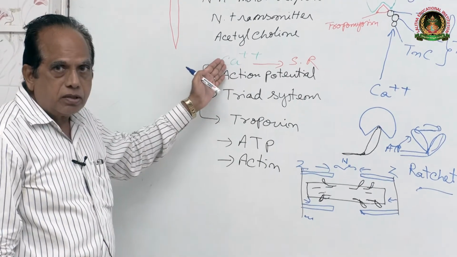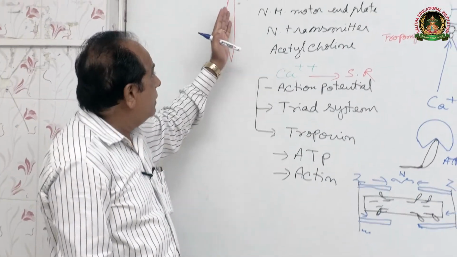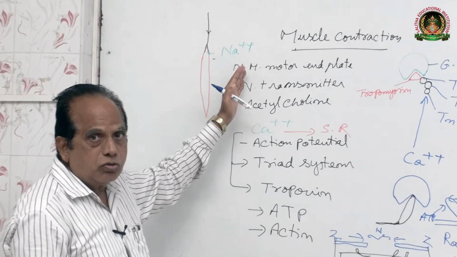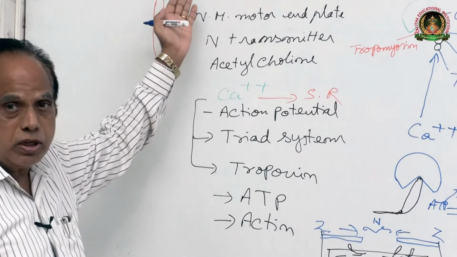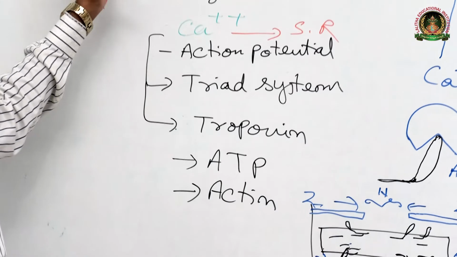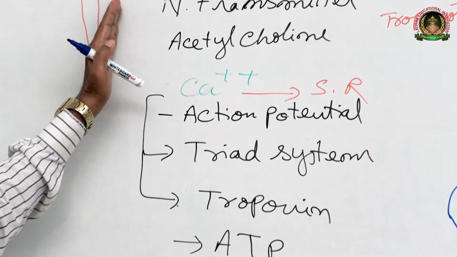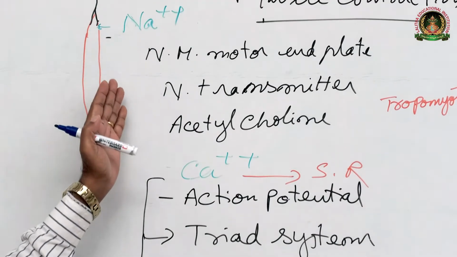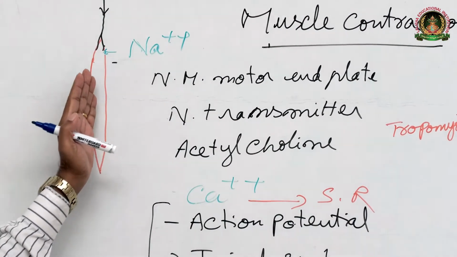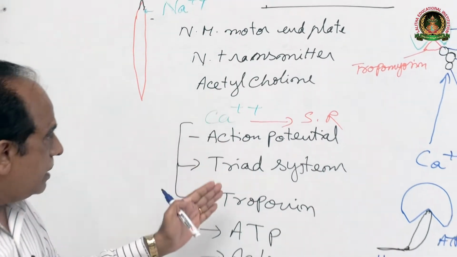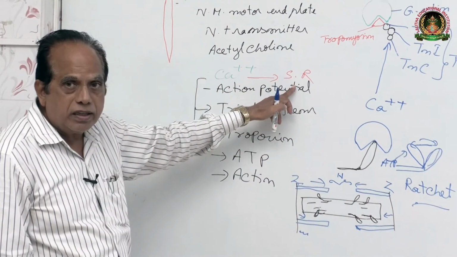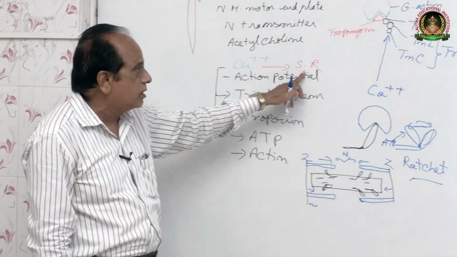When there is no stimulus, the sodium ions will move outwards, and the sarcolemma is not in a position to pump the sodium ions inside. When those sodium ions are pumped outside, the calcium ions are retained and re-enter into the sarcoplasmic reticulum.